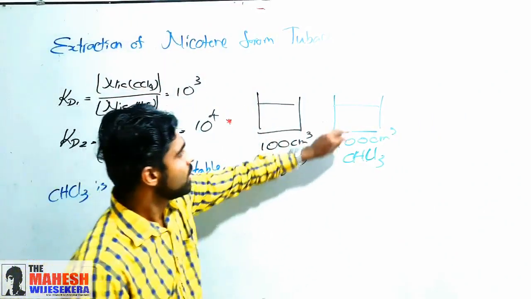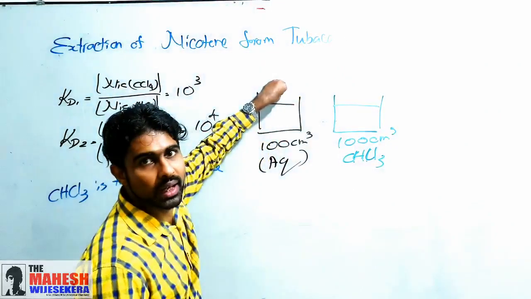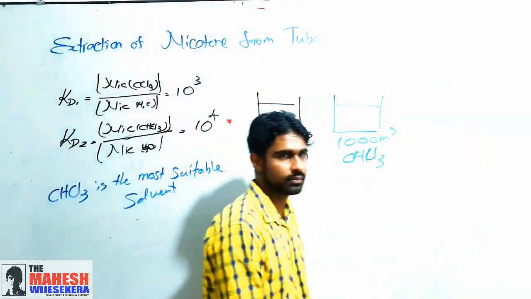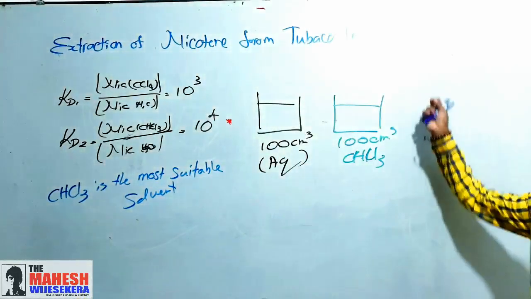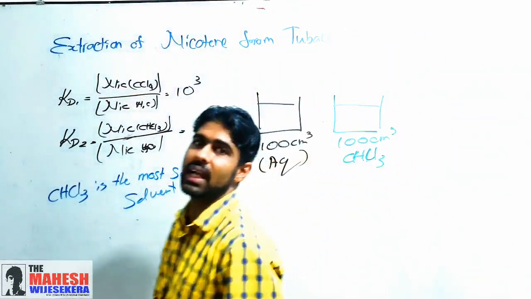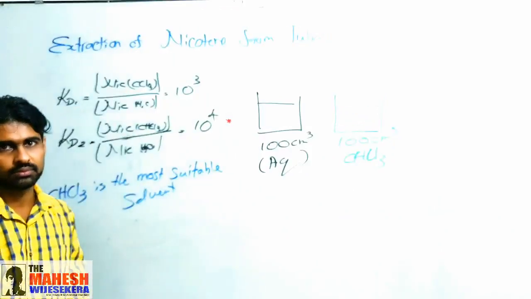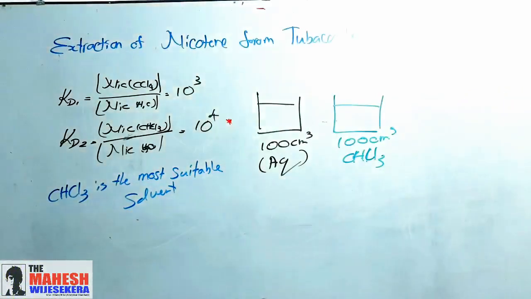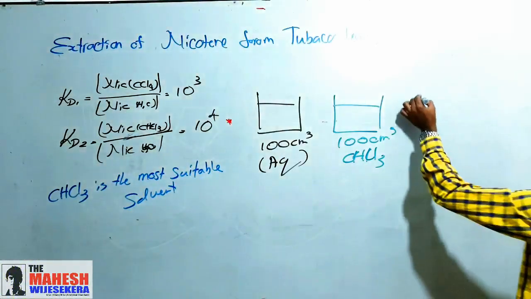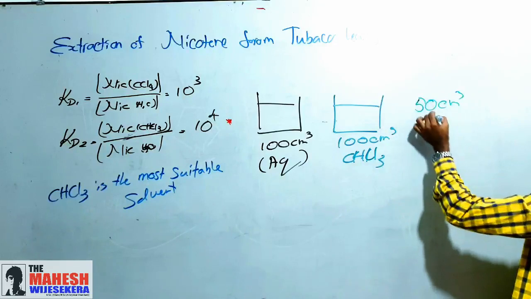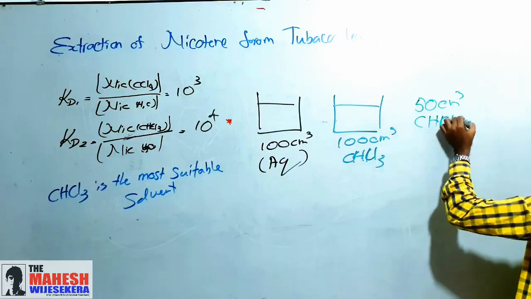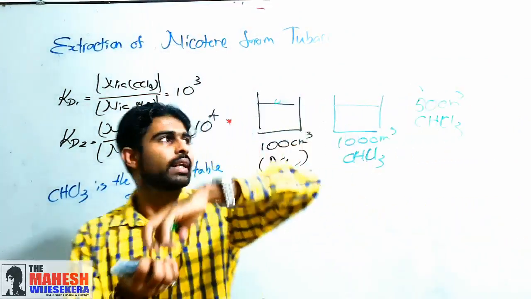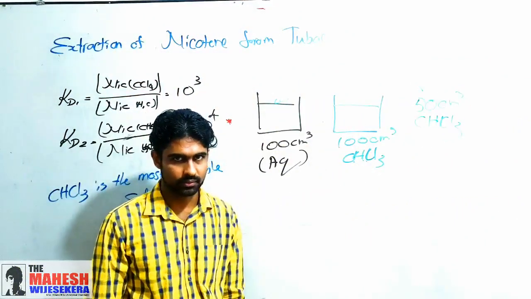What we are going to do, we are not going to add the entire 100 cubic centimeters at once and extract. Without doing that, first we add 50 cubic centimeters of CHCl3 into this and extract nicotine into 50 cubic centimeters.